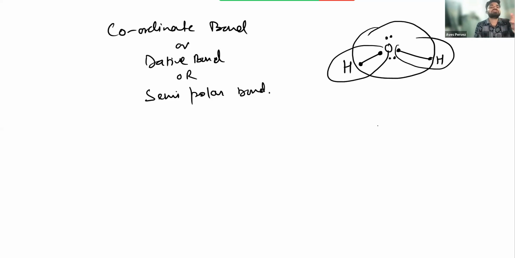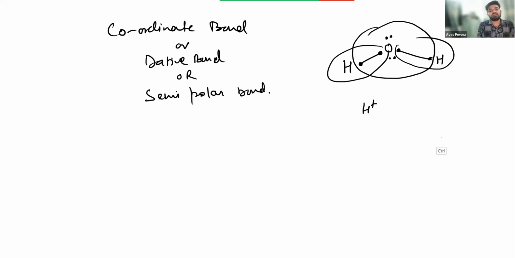Now oxygen cannot accommodate more than 8 electrons in its outermost shell, but if an H positive ion comes, which means a hydrogen atom without an electron. If it has an electron, it is a hydrogen atom. But when it loses its electron, it is only the proton of hydrogen, called the H plus ion.